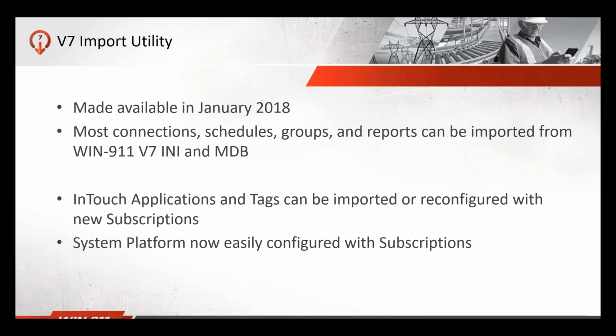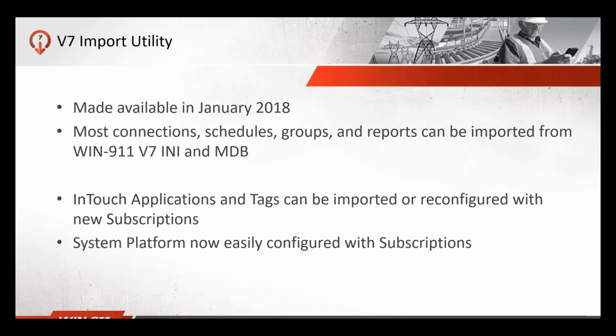It's an offline import, so we work with the version 7 INI and MDB files that store the configuration for that product. If you happen to be running this import utility on the system where version 7 is installed, we'll find those intelligently. But if you're recommissioning a new system for the new product, you just need to capture that INI and MDB file.